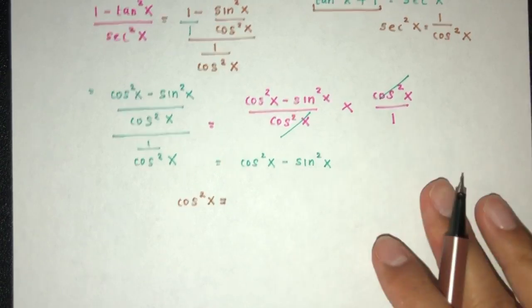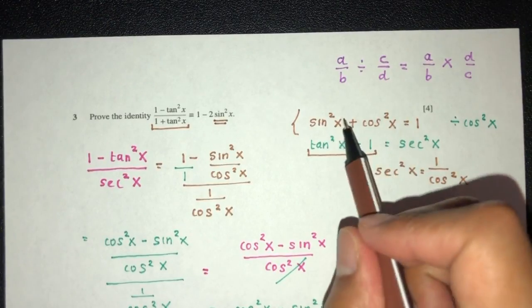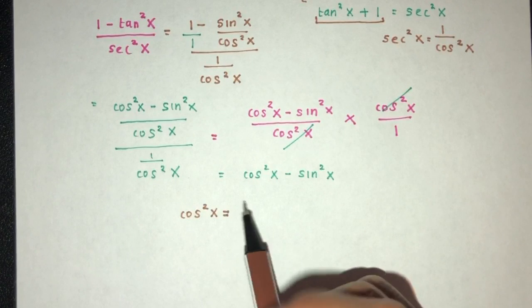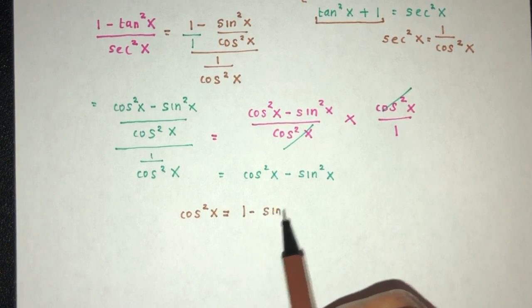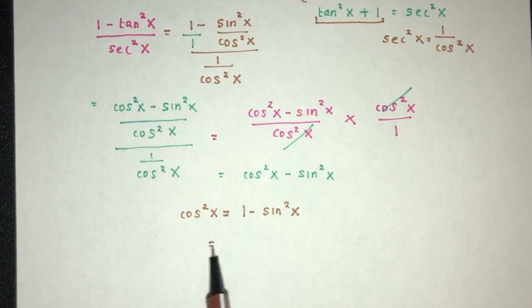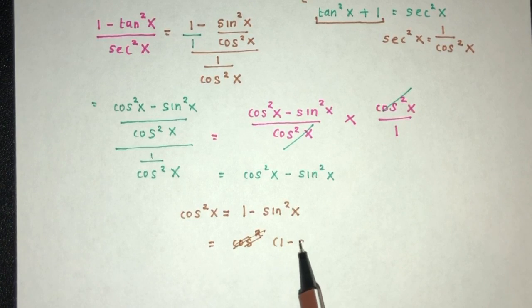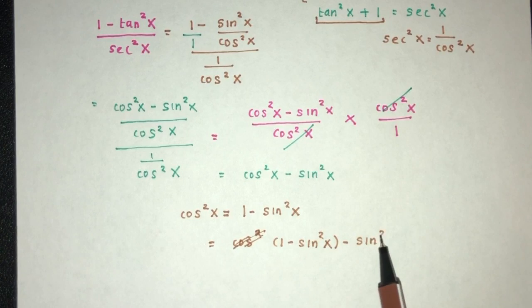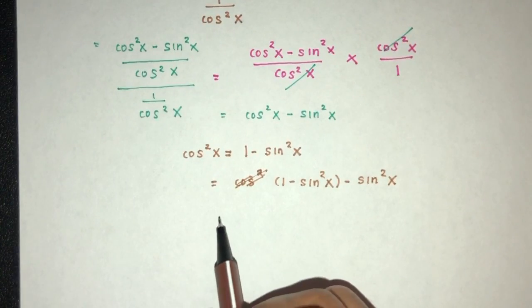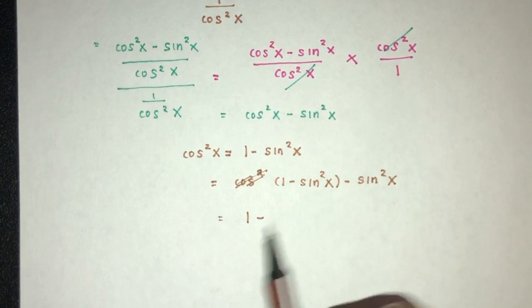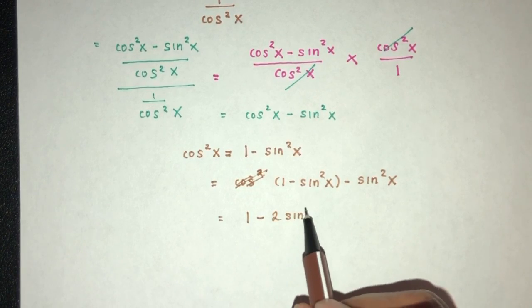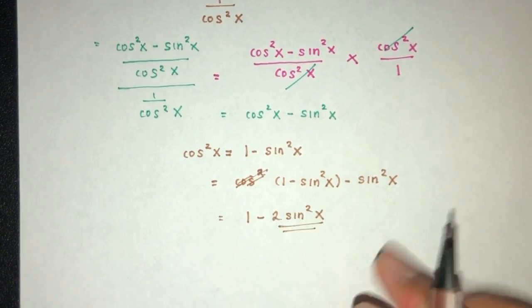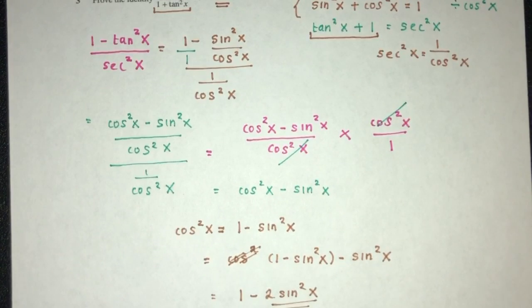If you look at this, cos square x equal to 1 minus sine square x. So let me replace first. That will be 1 minus sine square x minus sine square x. Now simplify, you would simply have 1 minus 2 sine square x. Okay, and this is shown as required.